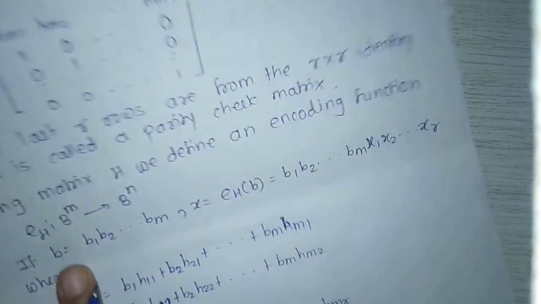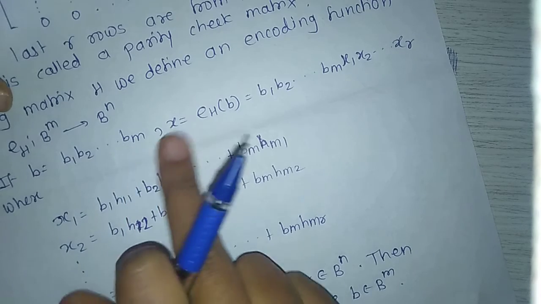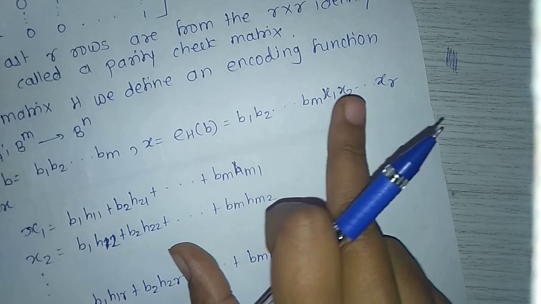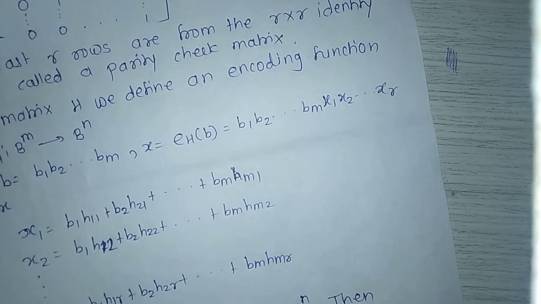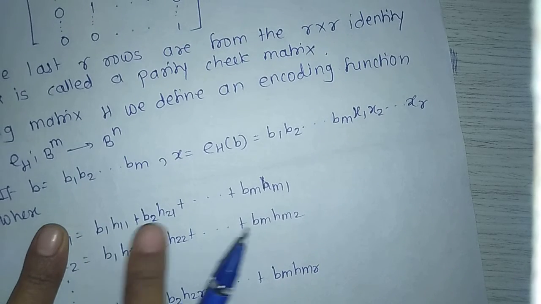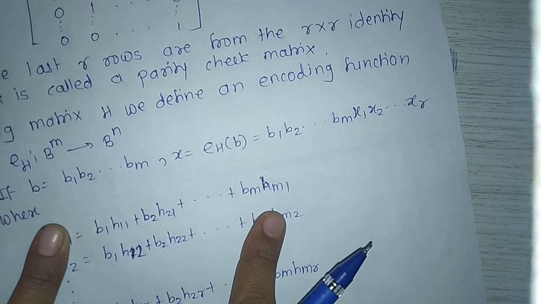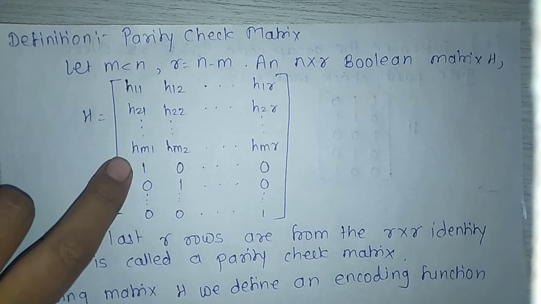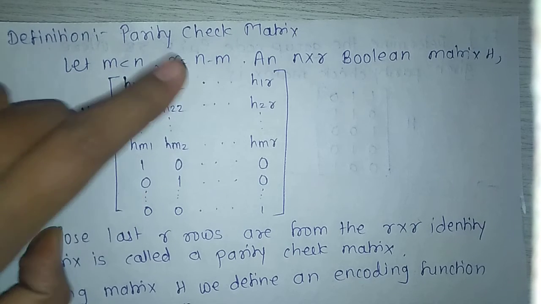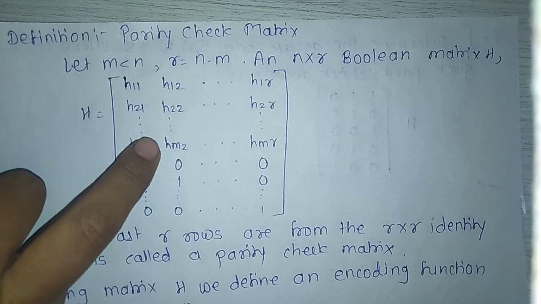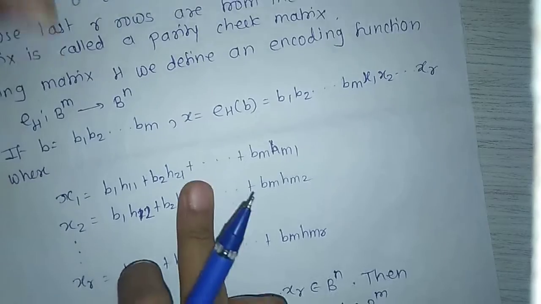If b equal to b1, b2 and so on bm, then x equal to E_H of b equal to b1, b2 and so on bm, x1, x2 and so on xr, where x1 equal to b1 H11 plus b2 H21 plus and so on plus bm HM1. x2 equal to b1 H12 plus b2 H22 plus and so on plus bm HM2.